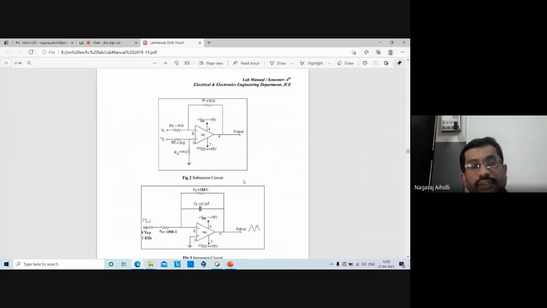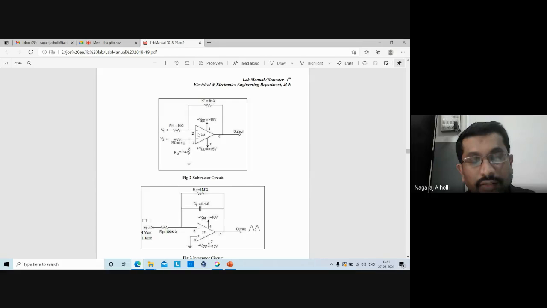Then what is subtractor, students? We came to know what is adder. Then what is meant by subtractor? Any idea? Subtractor will perform the operation of subtraction.